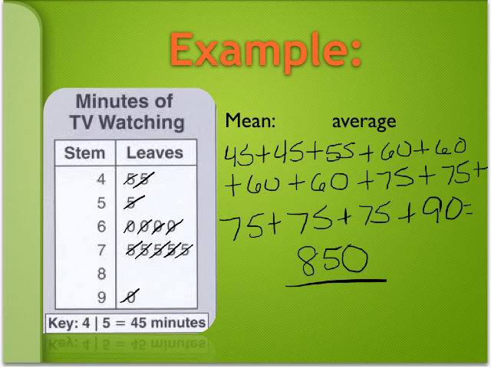And we need to divide it by how many numbers we had. We had 1, 2, 3, 4, 5, 6, 7, 8, 9, 10, 11, 12, 13 numbers. So our denominator is 13. So 850 divided by 13 tells us that our average is approximately, we're going to round it to the nearest whole, 65 minutes. And that would be the answer.